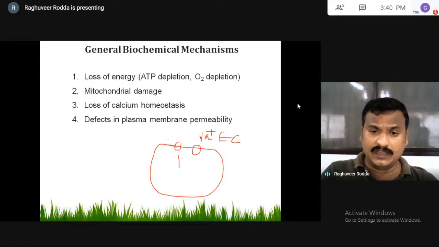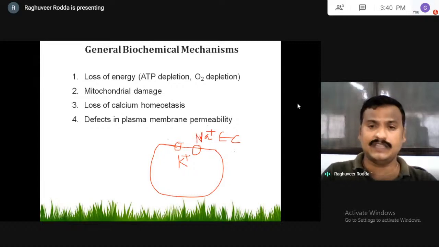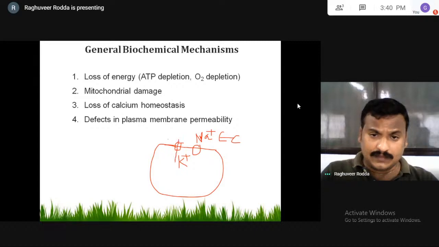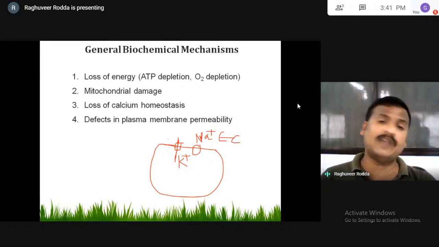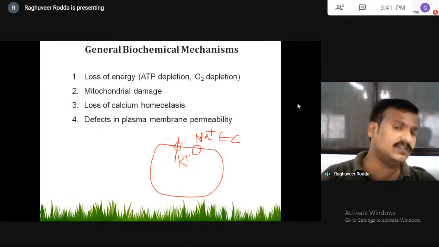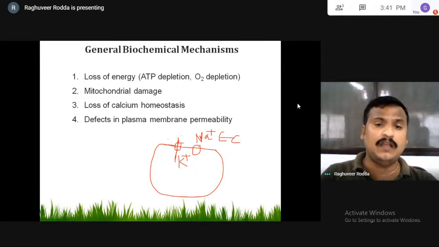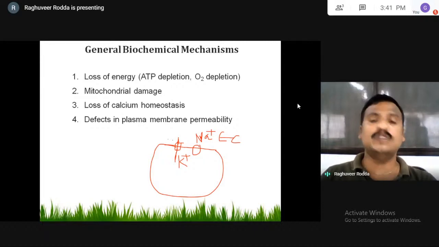At the same time, it is very important to keep the calcium concentration high in the intracellular region. Because sodium concentration is high in the extracellular region, it is called the major extracellular cation, and because potassium concentration is high in the intracellular region, potassium is called the major intracellular cation. These two ions are moved between extracellular and intracellular regions by a pump called the ATP driven sodium potassium pump.